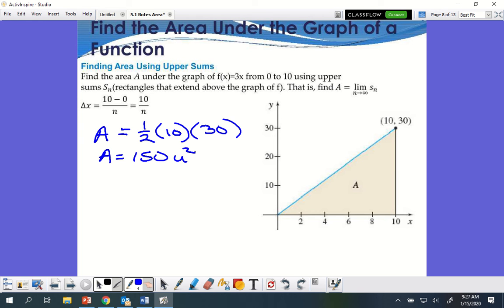So if I start off with number of rectangles being, let's say, I'm going to break it up into twos. A left hand and right hand. I know I'm doing it wrong right now, but I'm trying to show you something.